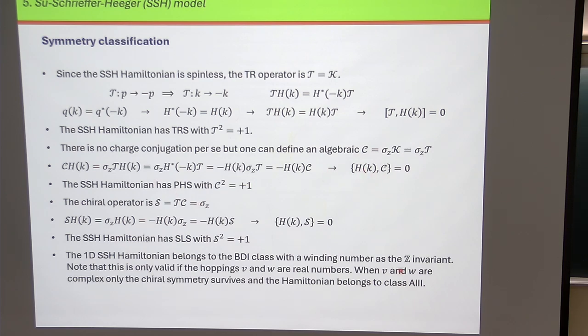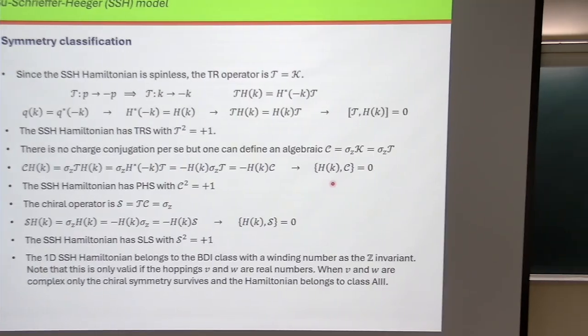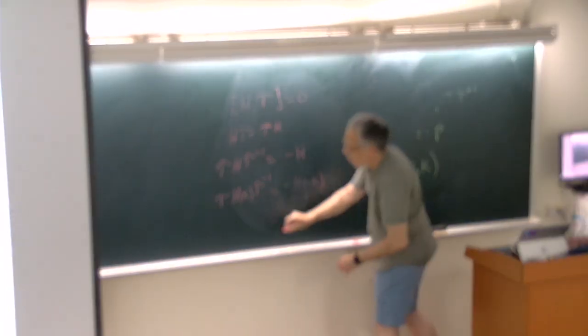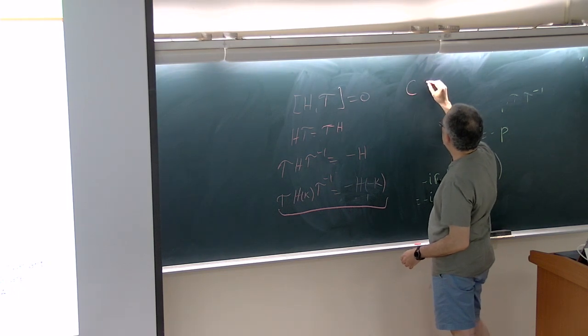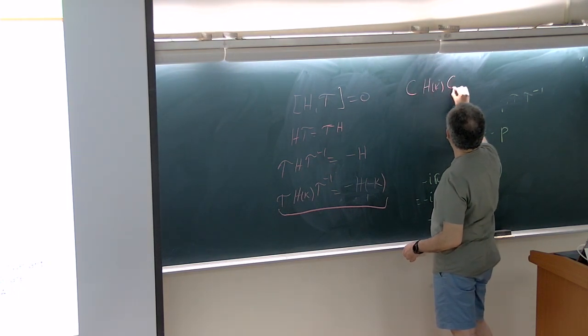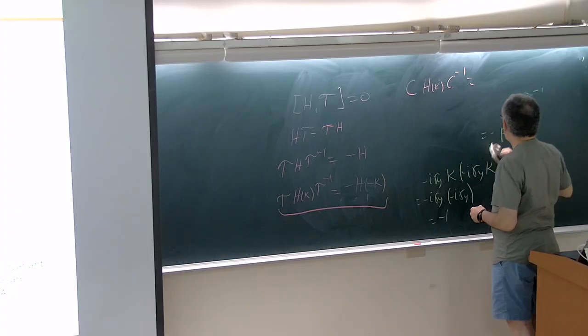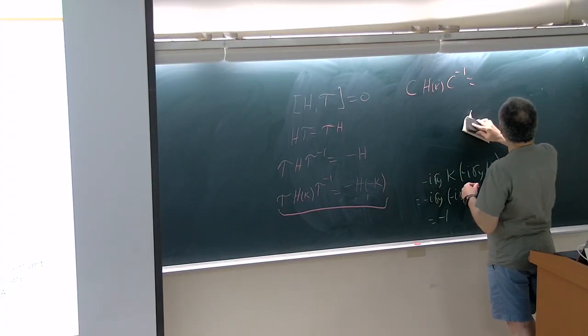And again, I should write this here, because there is a minus k here, so the actual thing is this. I will copy and paste, and then change to k. So for the case of the chiral symmetry, this is for the time reversal symmetry in k space, and for the particle hole symmetry it will be this.